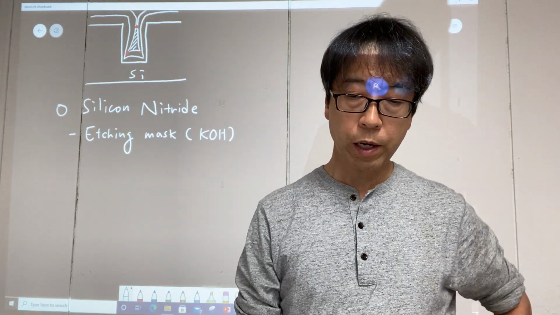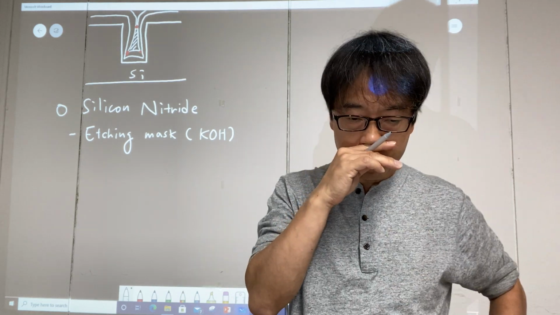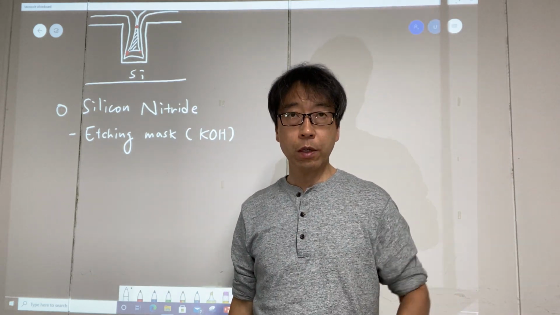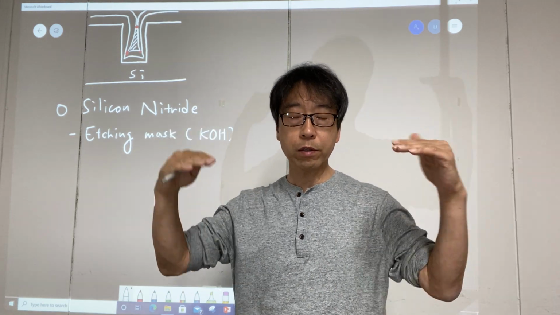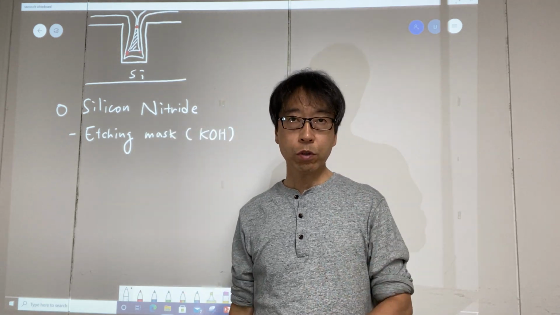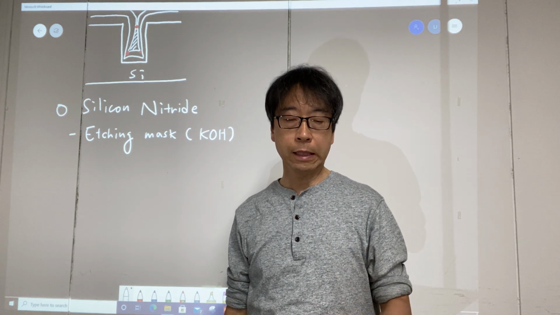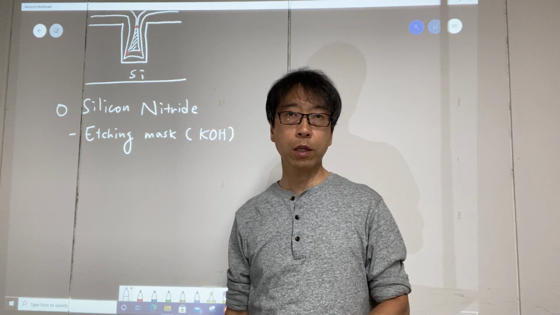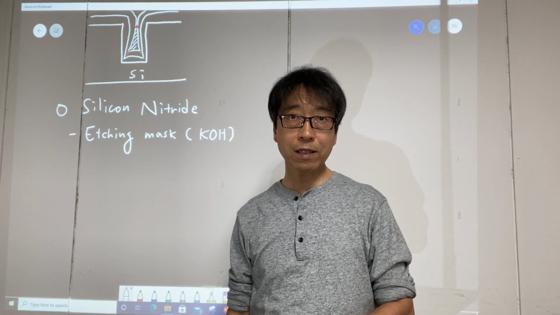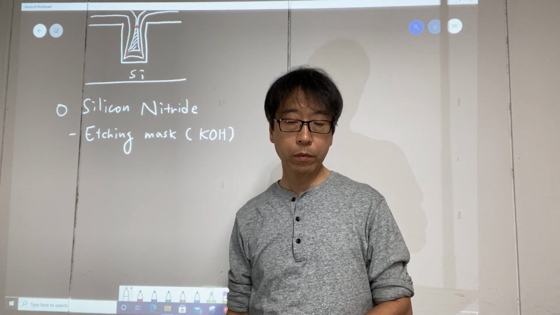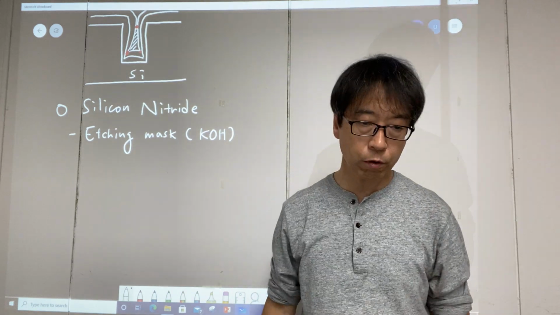That actually creates the faceted, diamond-like structure etching. But in this case, you need to protect other areas from the etching process. How can you do that? So you want to create the selective etching area. How can you do that? You can use silicon nitride as an etching mask, because silicon nitride is resistant against this chemical, potassium hydroxide, KOH.